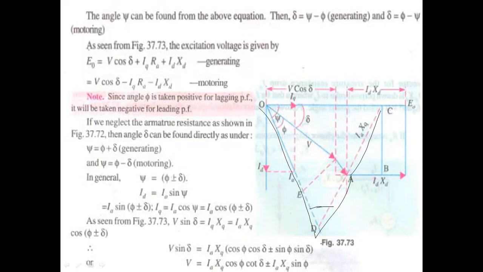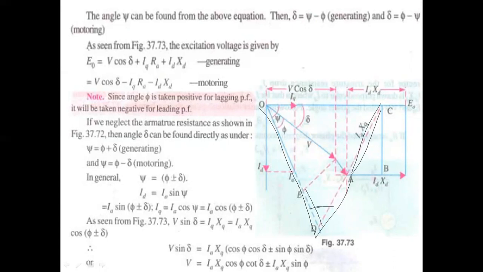AD is nothing but V sin phi, and AC I can write as IA XQ, not IQ, IA XQ. Next, OE I can write as V cos phi, and ED is IA RA.